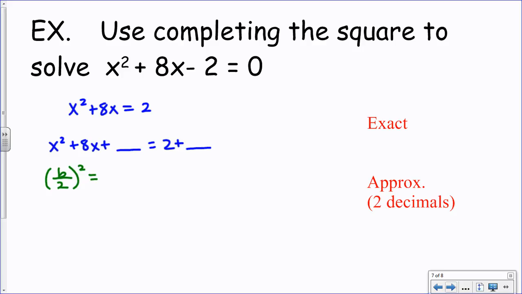So that's b over 2 squared. So what is b? Divided by 2 is 4. And 4 squared is 16. So I have to add 16 to both sides.